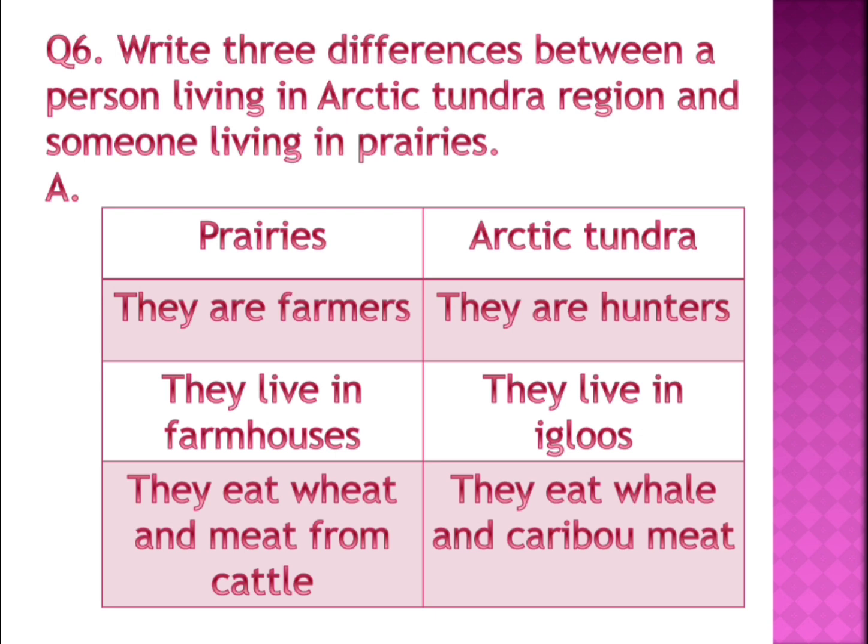In the Prairies the climate is moderate, you can say. It is hot summers and cold winters, and in the southern hemisphere it is neither cold nor hot. But in the Arctic Tundra region, the climate is completely cold. In that way also you can write it down. Write these two answers in your classwork and please learn them, children.